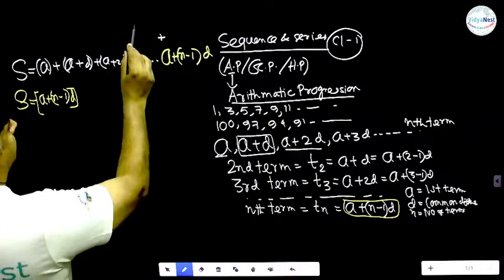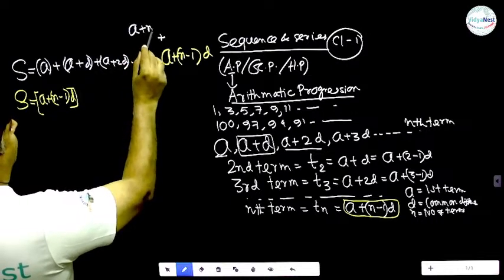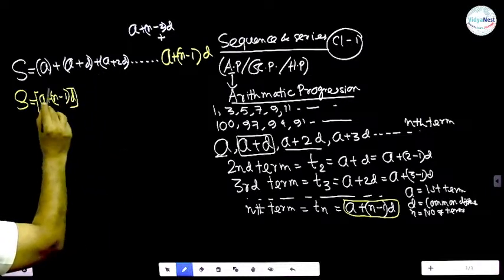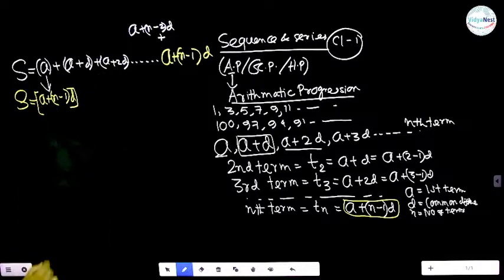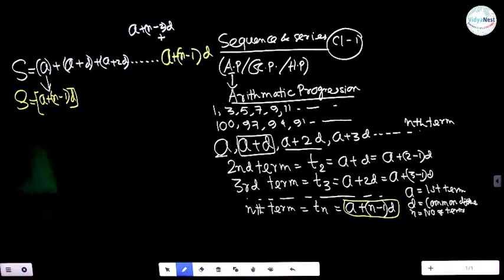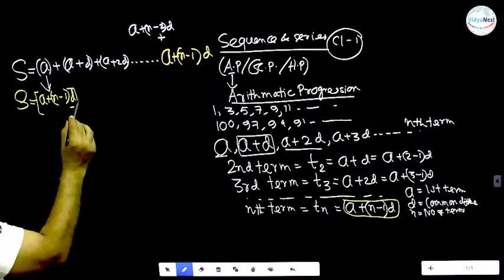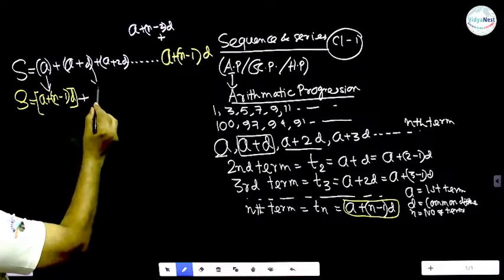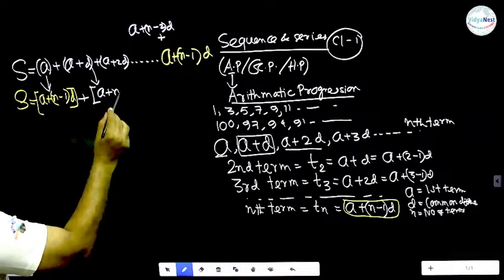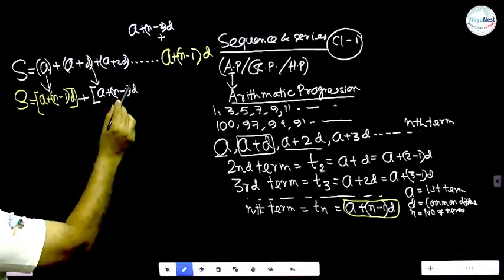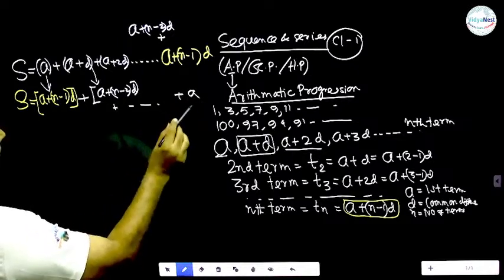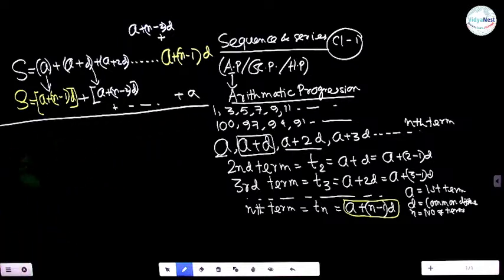It is A plus n minus 2 into D. So I wrote the last term just below the first term, and just below the second term, I write A plus n minus 2 into D. Proceed in this way, write the first term, and add them.